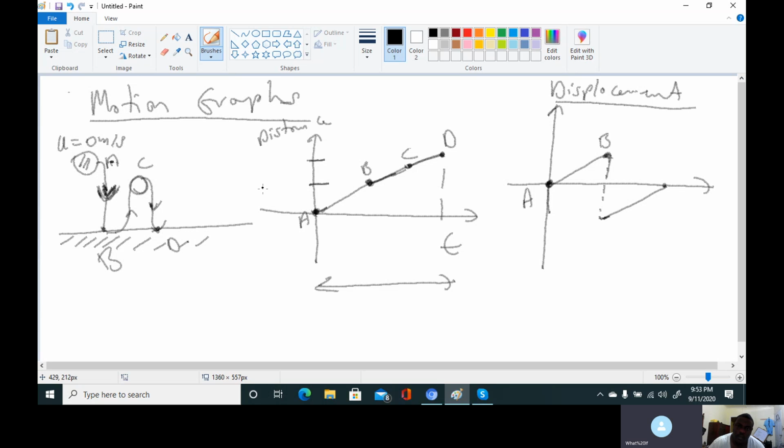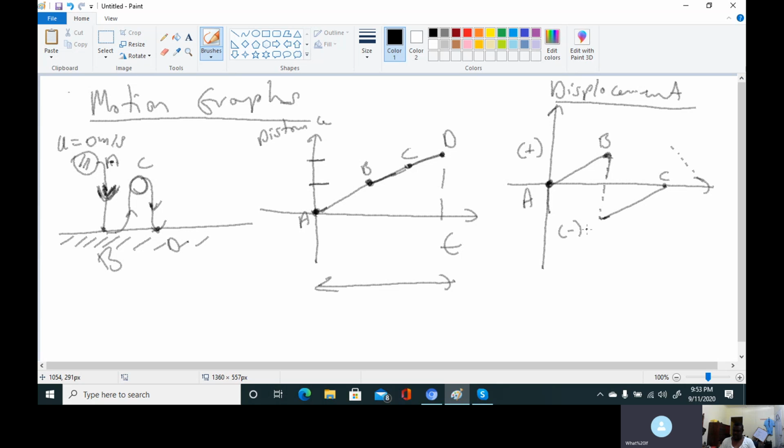And when it reaches here again, of course, it will start to move in the opposite direction. So that's the displacement. The displacement is different. Coming like this up here, the positive is for one direction and the negative is for the next direction.